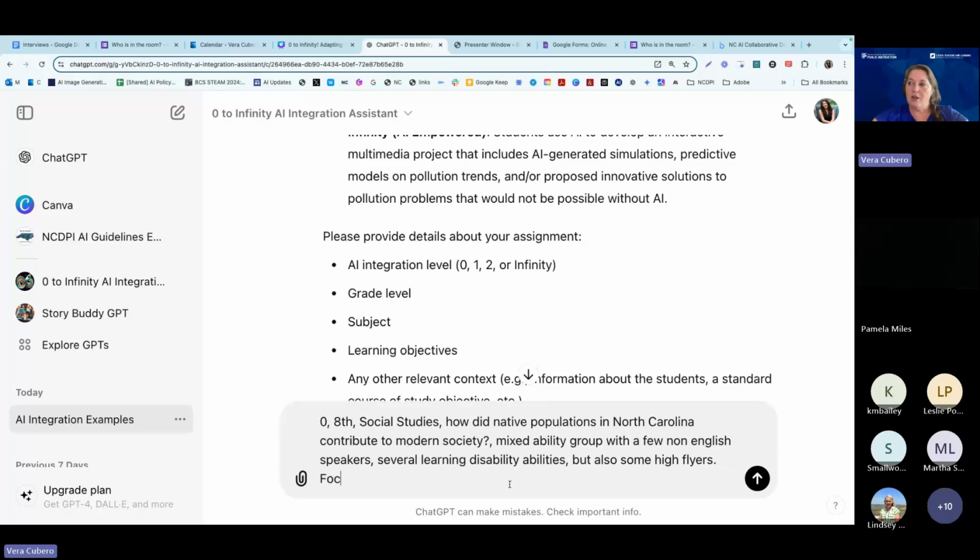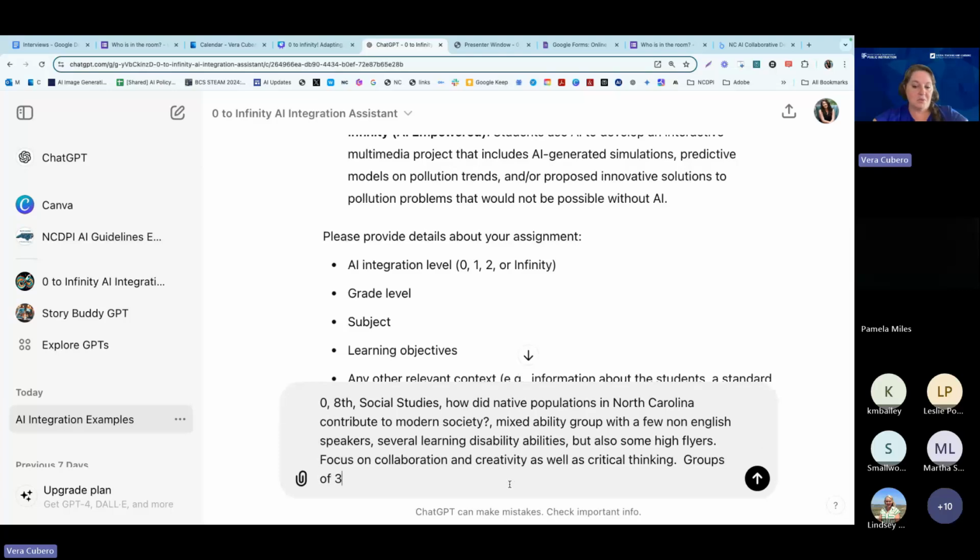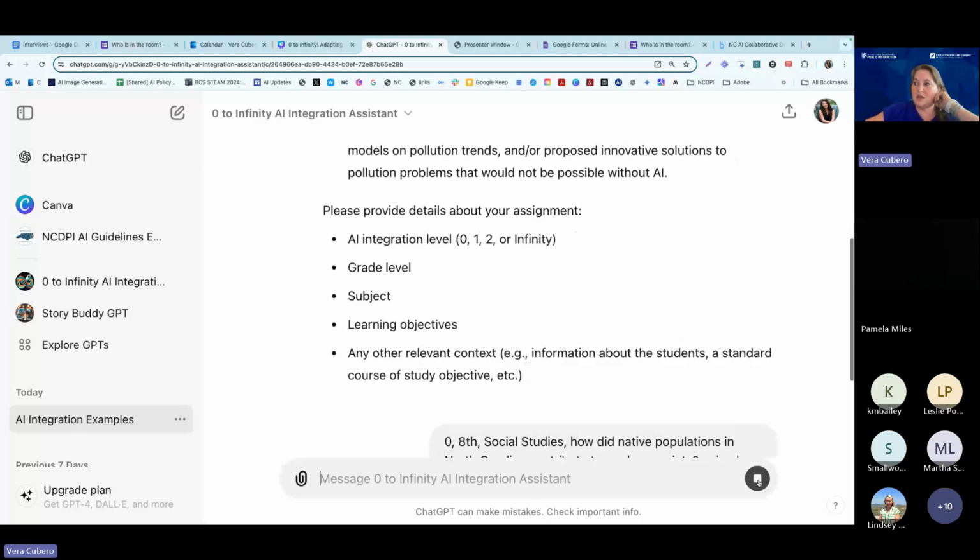And in other contexts, I want them to focus on collaboration and creativity as well as critical thinking. So you can give it anything that you want it to focus on, and I would say groups of 3 to 4. You can give it as much context as you want to, but I'm just going to stop right there and I'm going to hit submit.